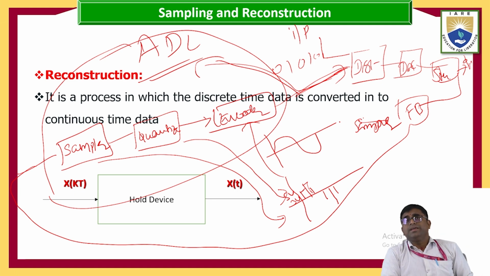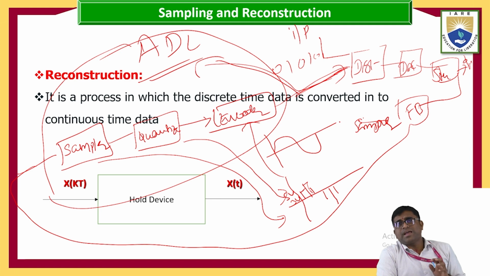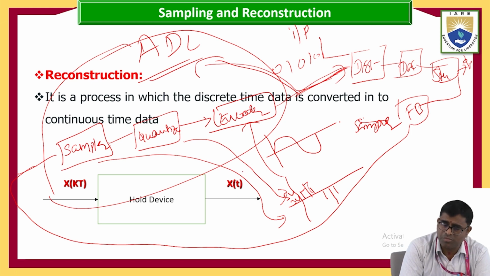Where in case of the sampler, the continuous time signal is going to be converted into discrete time signals, and in case of the reconstruction part, again the discrete time system is going to be converted into continuous time. That is nothing but the reconstruction is part of the DAC. Okay, why? Because in case of the reconstruction, the output will be continuous, no?